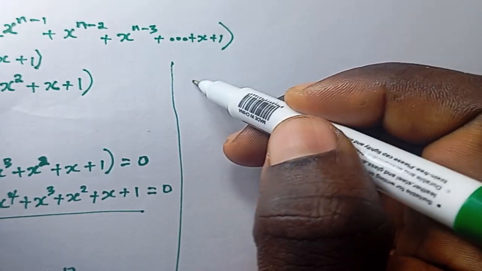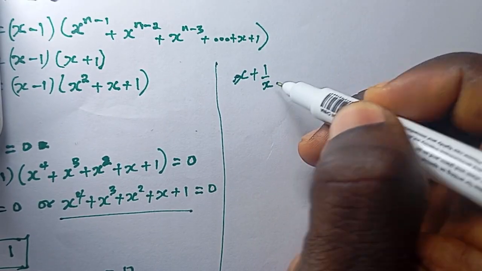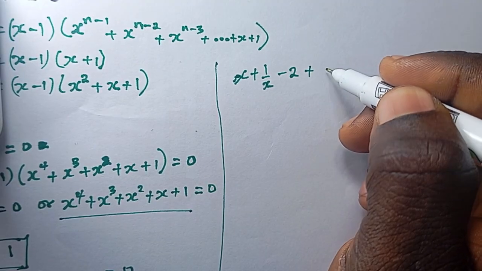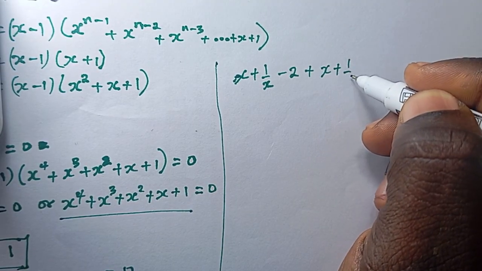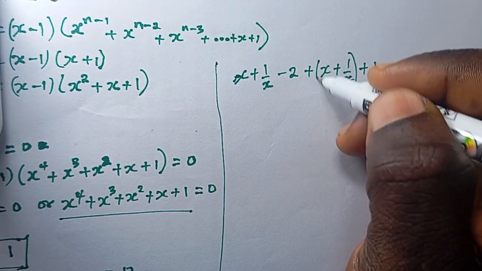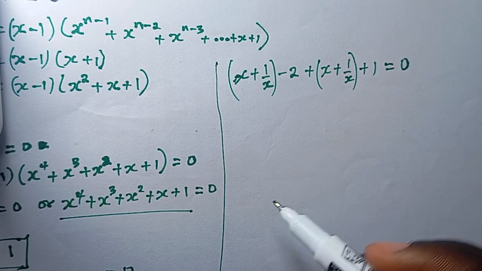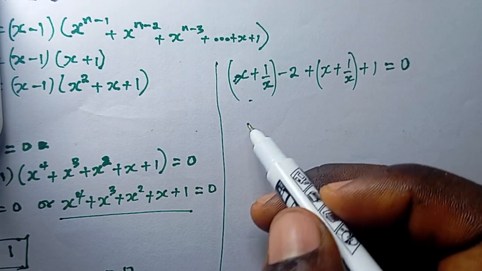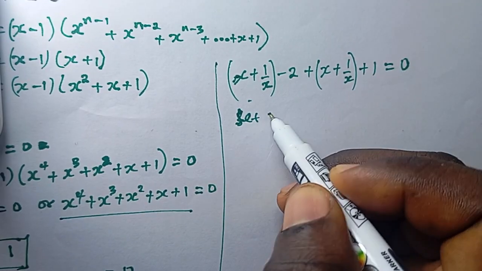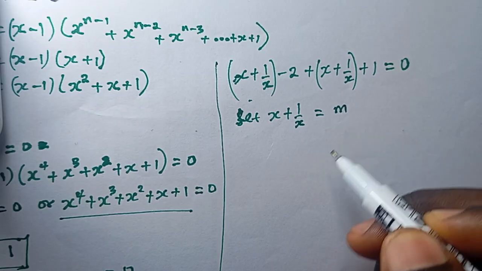So what I'm going to be having is x plus 1 over x all squared minus 2, and then plus x plus 1 over x, plus 1 is equal to 0. So you can see that I've got some common terms here. So what I'm just going to do is to set x plus 1 over x to be equal to, let's say, m.